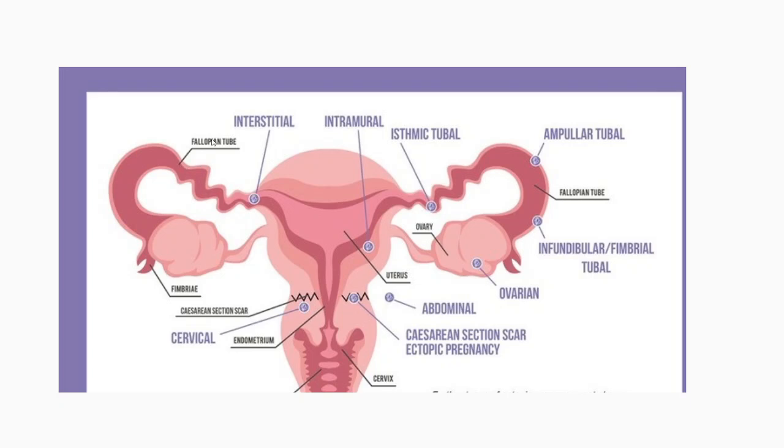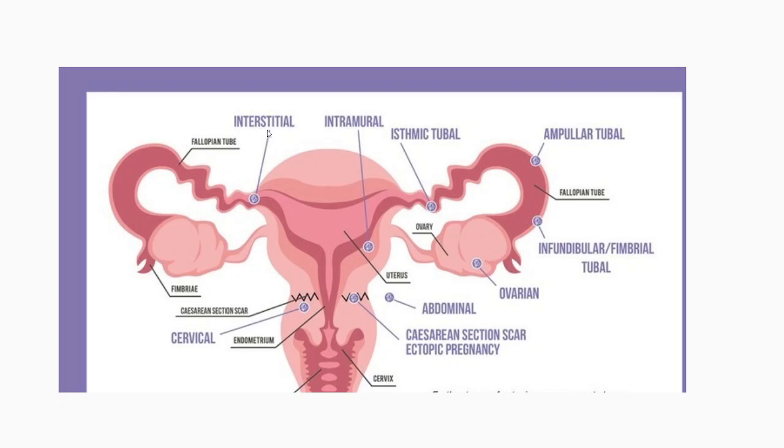In case of extrauterine, the tubal includes interstitial, the region which connects the uterine cavity and the fallopian tube, the isthmus region, the ampullary part, the lengthy part of the fallopian tube, or the infundibulum.